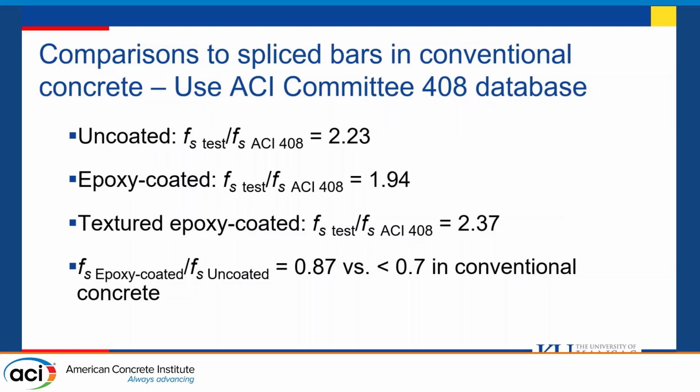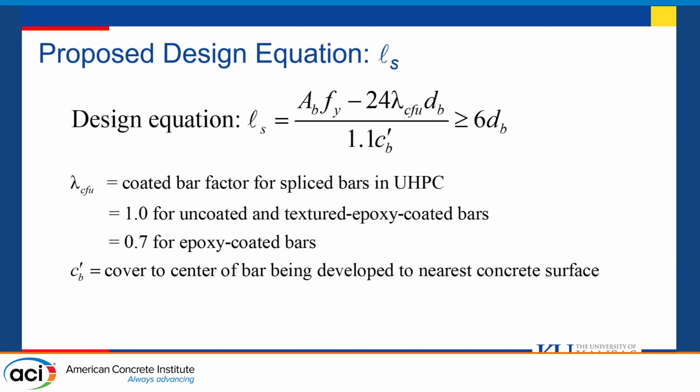So in general, the bond strength or bar stress in UHPC is 2 times that of conventional concrete. Also, the ratio of epoxy coated to uncoated bars has a mean of 0.87, which is higher compared to conventional concrete, in which the ratio is less than 0.7.